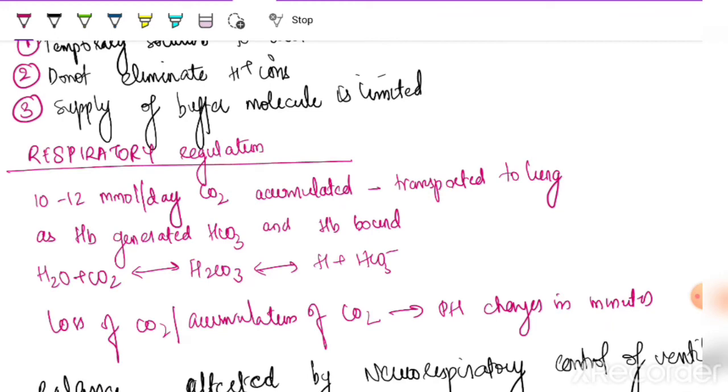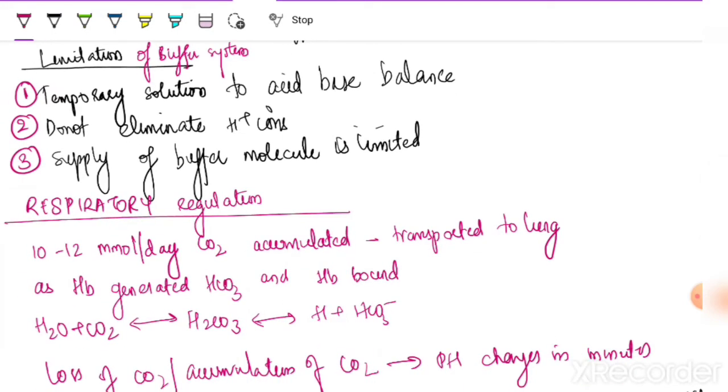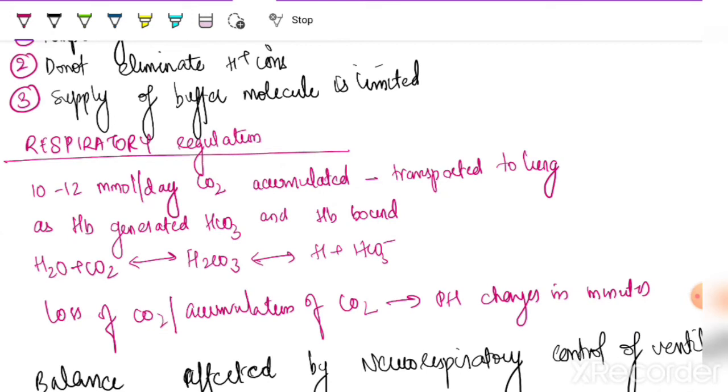The next is respiratory regulation. Per day, 10 to 12 millimoles of CO2 is accumulated, and it is transferred to the lung as hemoglobin-generated HCO3 and hemoglobin-bound CO2. The H2CO3 produced will be dissociated into H plus and HCO3 minus.